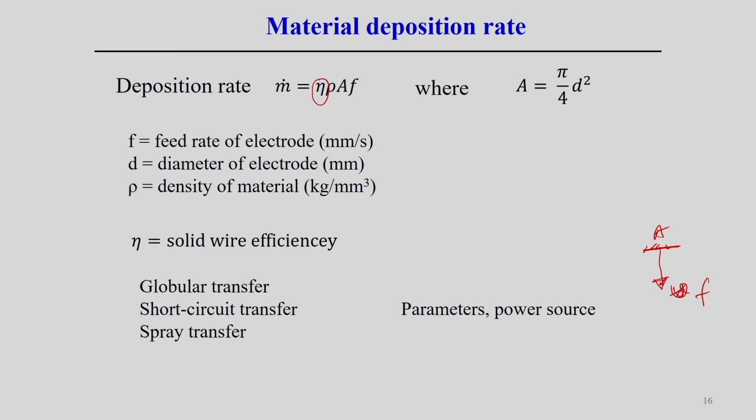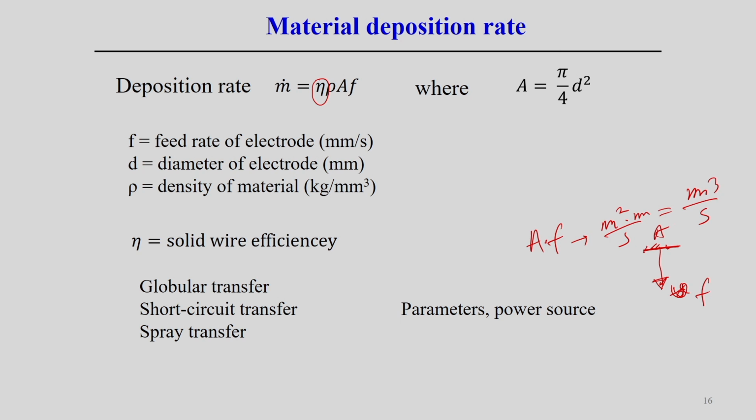Now, if we assume the feed rate of the electrode is in millimeter per second, and the diameter is in millimeter, and the density of the material is given, then A into F is millimeter square into millimeter per second, so it is millimeter cube per second. This is the volume flow rate.